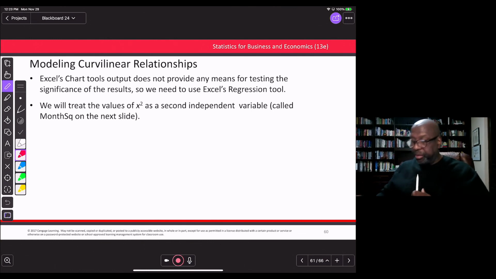You're creating a new variable, which is the square of the original set of values. Because if you just tell Excel, here's the data, y and x, fit for me a curvilinear model, it doesn't do it in terms of multiple regression. To use the multiple regression tool, you would need to create that second variable, which will take on values that is the square of the first variable.